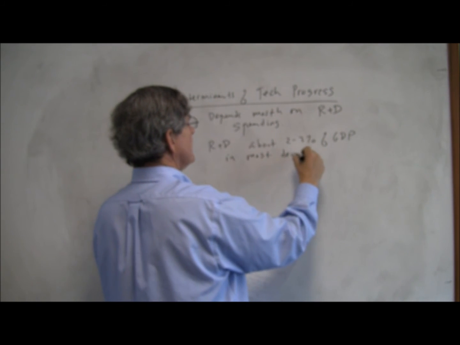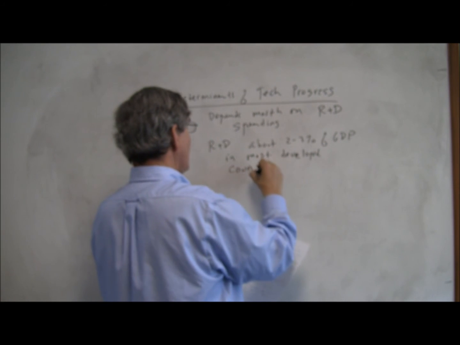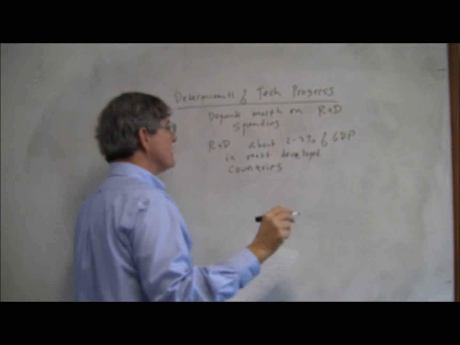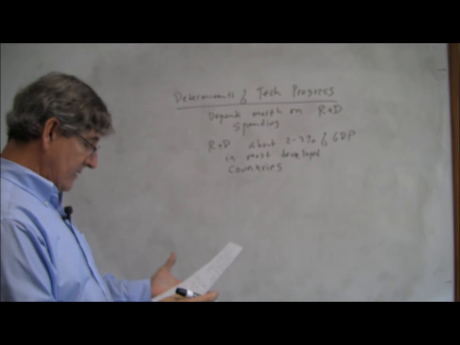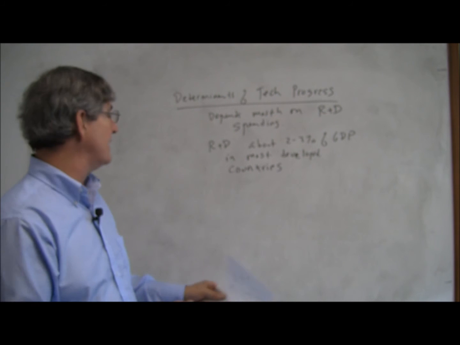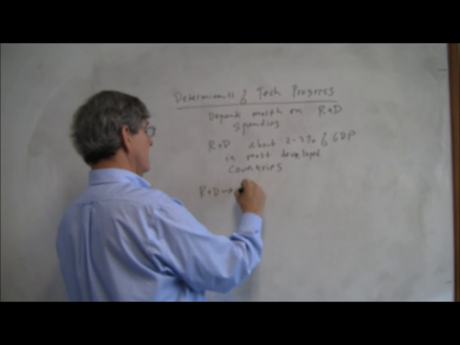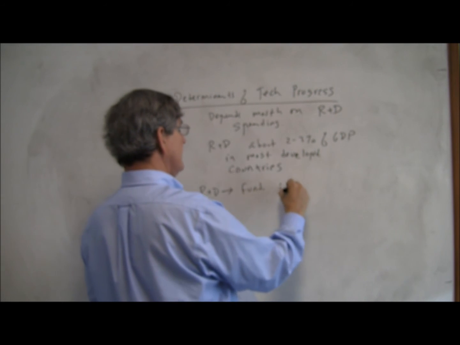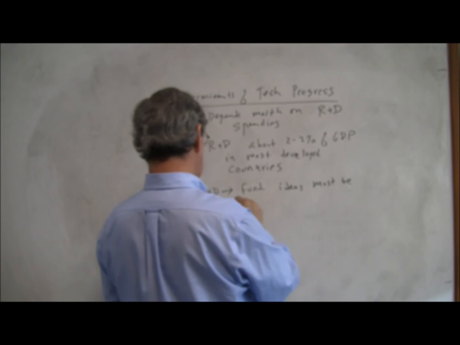Government policies that reduce this are a bad idea. A lot of times, for instance, we give firms tax breaks for R&D. But R&D is fundamentally ideas that must be turned into a profit.